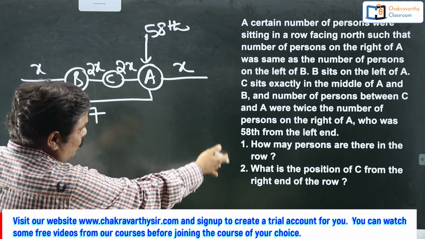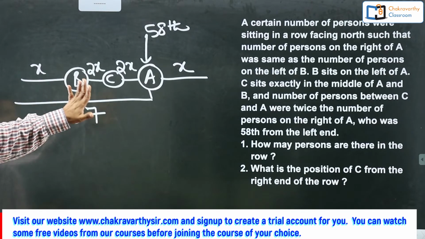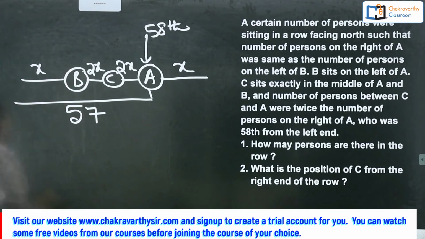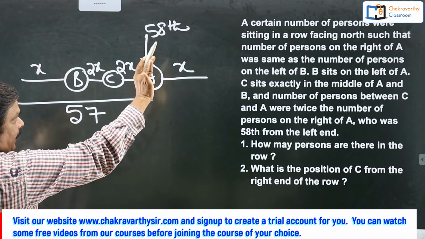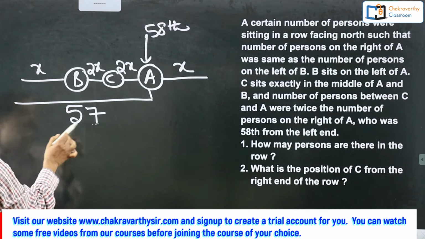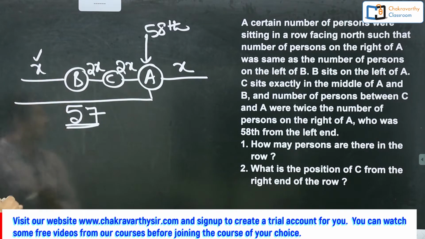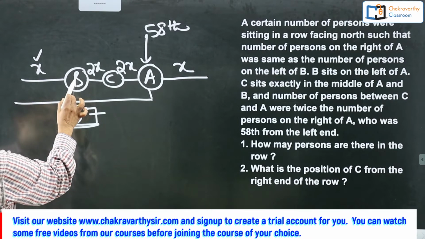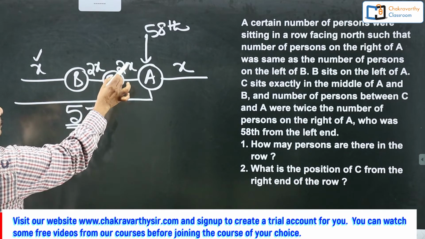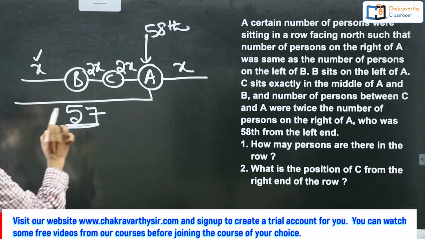Here what are the questions? Two questions they have given, but before that easily you can find out what is the value of X here. Now excluding A, here 57 should be there. Just go for the equation. How many persons are there here? X plus B plus 2X plus C plus 2X should be equal to 57.